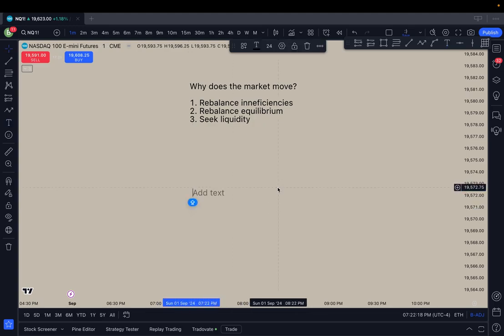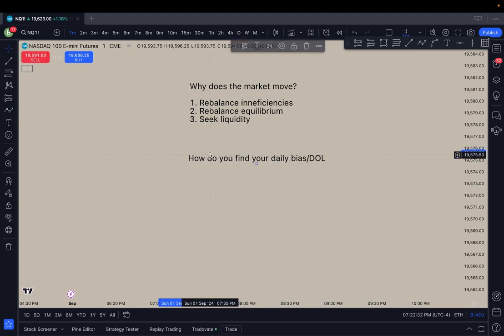Next up, let's go over how you find your daily bias and draw on liquidity. Okay, how do you actually find your daily bias and draw on liquidity?